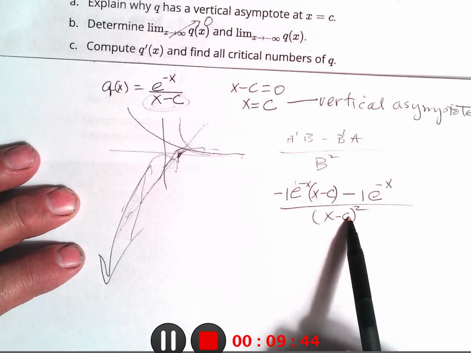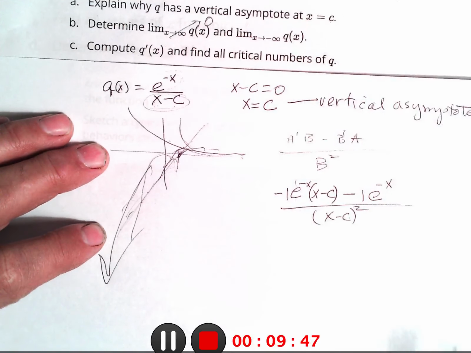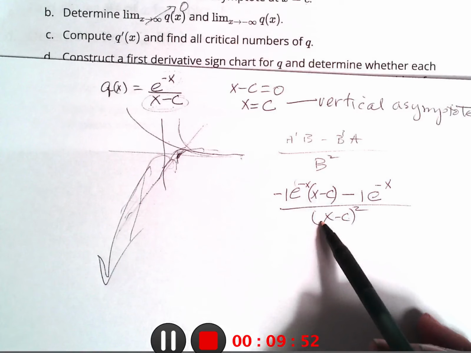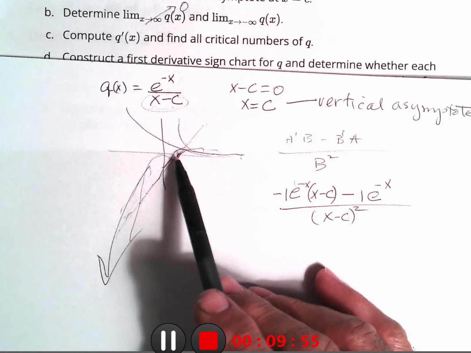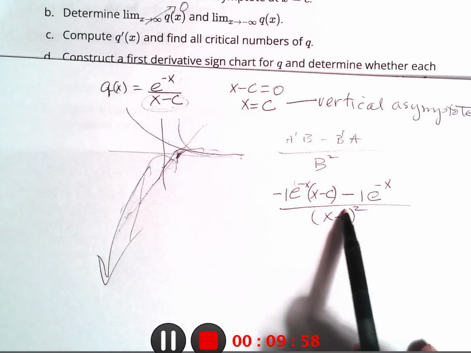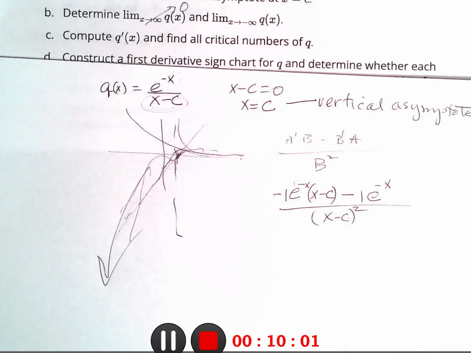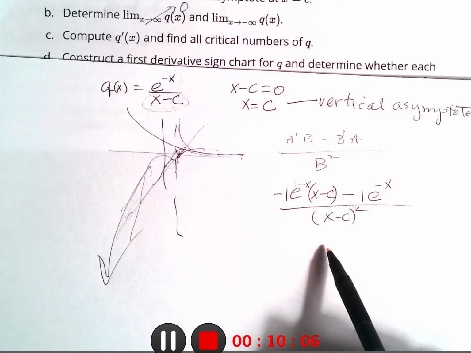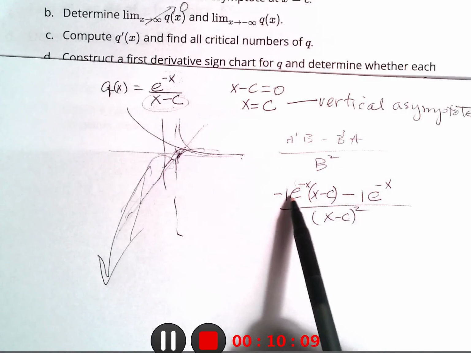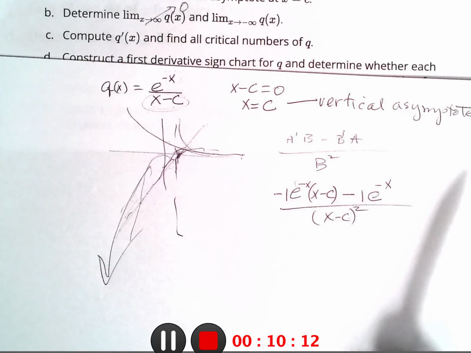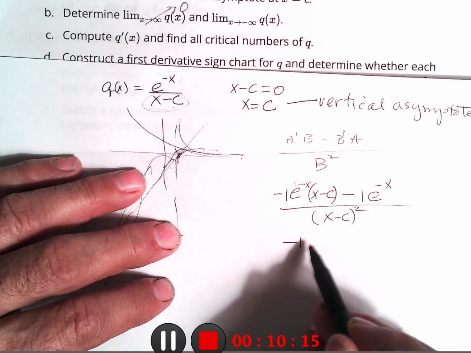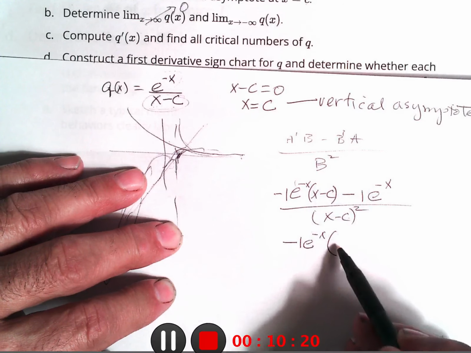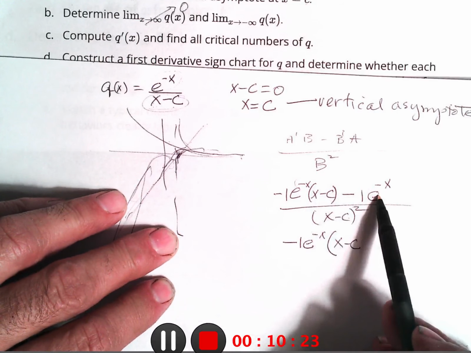C is positive. In the original problem up there, it says positive. So when x equals c, it'll be an asymptote, vertical asymptote, but otherwise it's going to equal 0 when this numerator is 0, and that's where the critical numbers are going to be. There's e to the negative x and a negative 1 in both of these, so I could take out negative 1 e to the negative x, and I'd have left this x minus c plus 1.